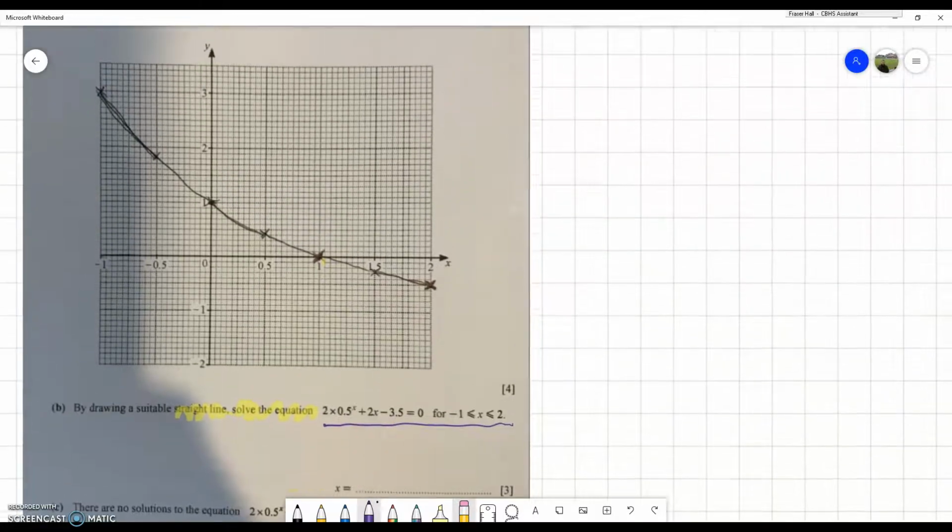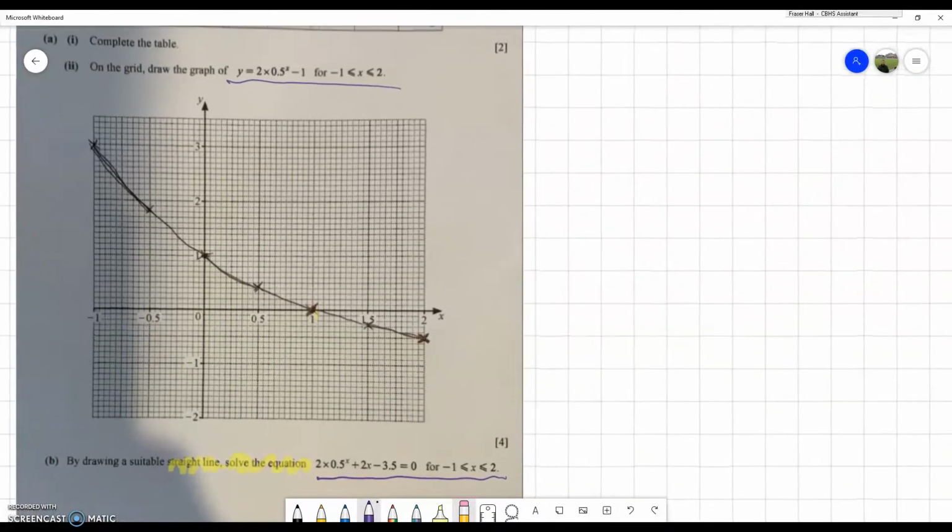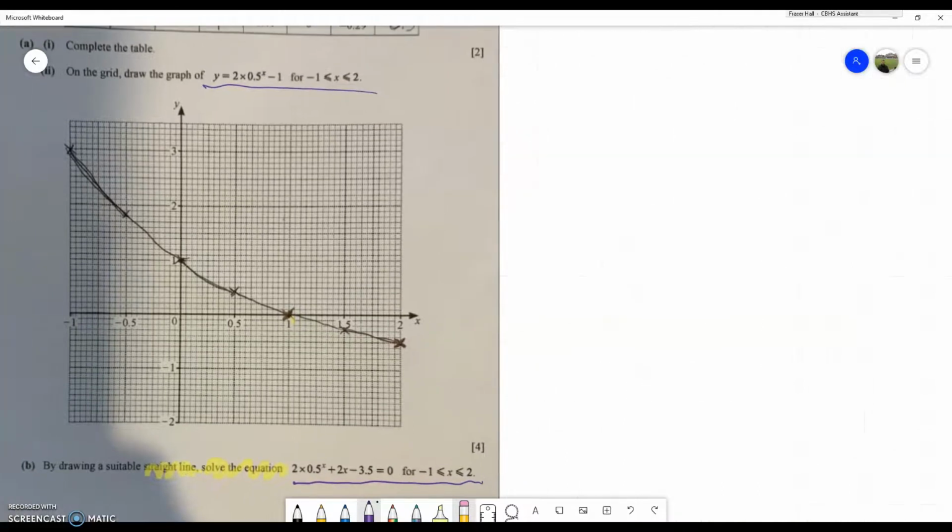this equation is similar but different from the original one that we looked at. So if I write these out, we can have a look at those differences. So we're looking at b here. The original function that we've graphed is y is equal to 2 times 0.5 to the power of x minus 1.